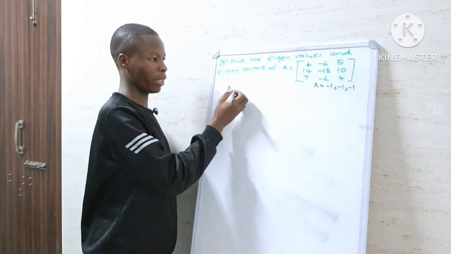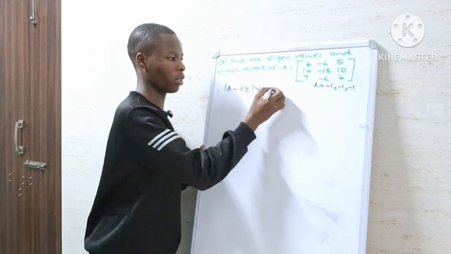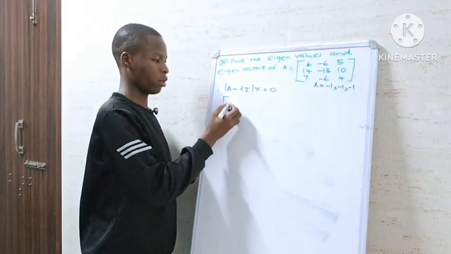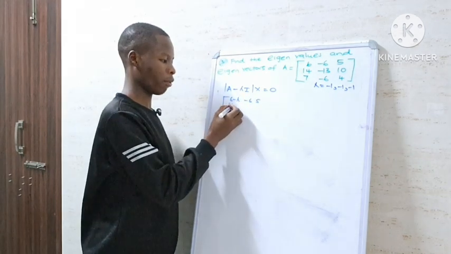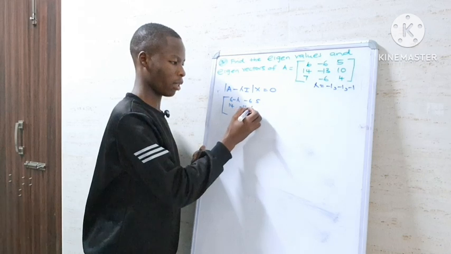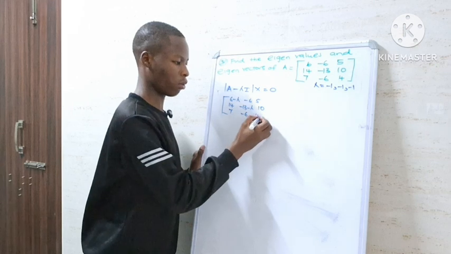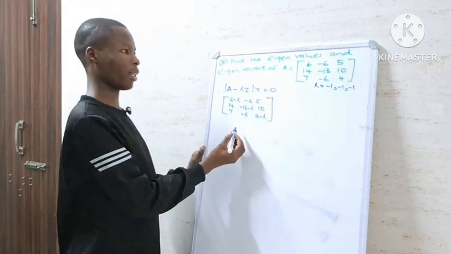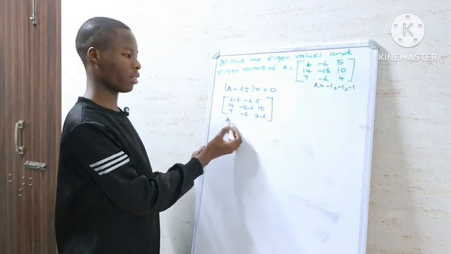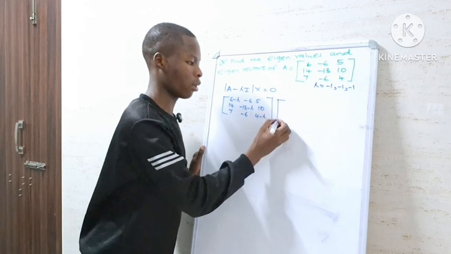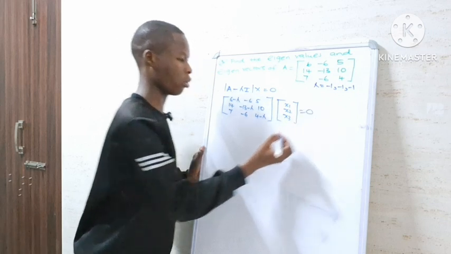The characteristic equation is A minus lambda I into x is equal to 0. This is the matrix 6 minus lambda, minus 6, 5; 14, negative 13 subtract lambda, 10; 7, negative 6, 4 minus lambda, into x1, x2, x3, equal to 0.